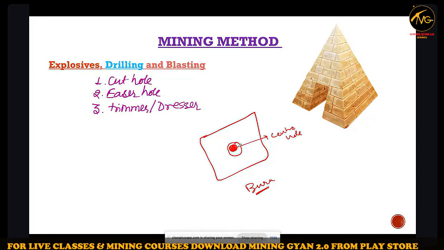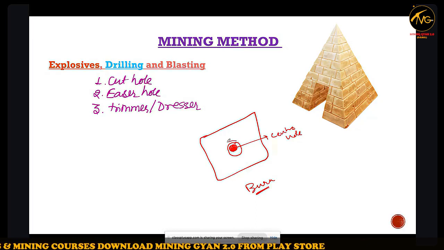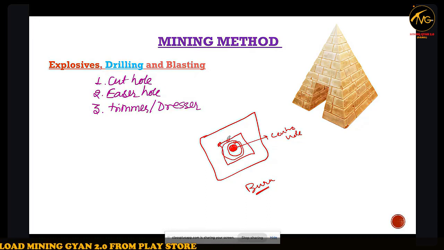This is the cut hole. Then the first ring, second ring. So this is the first ring. These are the holes. Then the second ring, it also has holes. And third ring. These holes are called dressers.